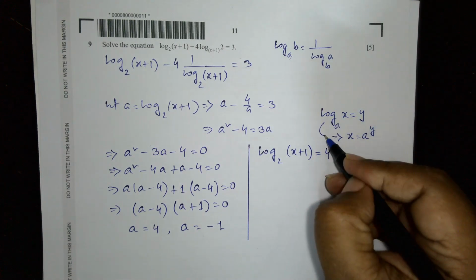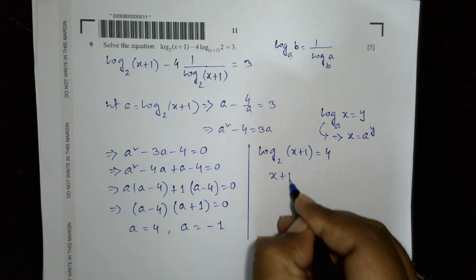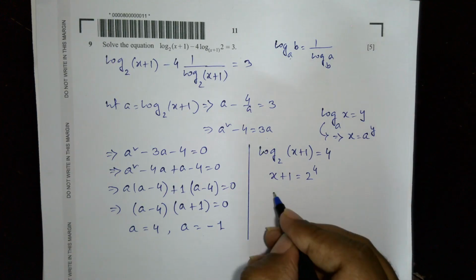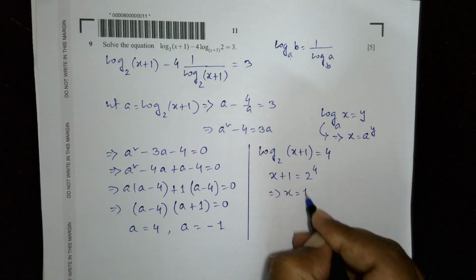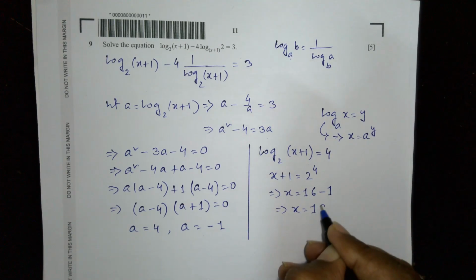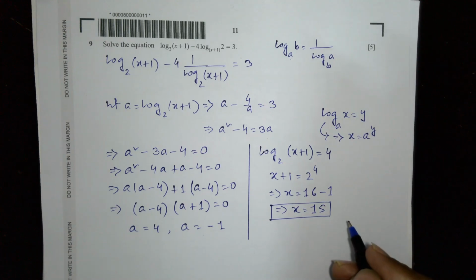Okay, fine. Here the base is 2, so I can write x plus 1 equals 2 to the power 4. What is 2 to the power 4? It is 16. So x is 16 minus 1, hence x equals 15. So we have found one solution, x equals 15.